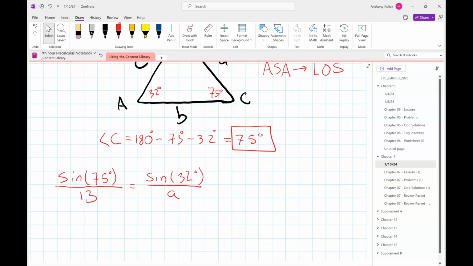What is this equation called when I have one fraction equal to another fraction? Do you guys remember what this type of equation is? A proportion, very good. Do you remember how to solve a proportion? Cross multiplication. Remember, cross multiplication is a solving technique, not a way to multiply fractions. So if we cross multiply, we have a times sine 75 equals 13 times sine 32.